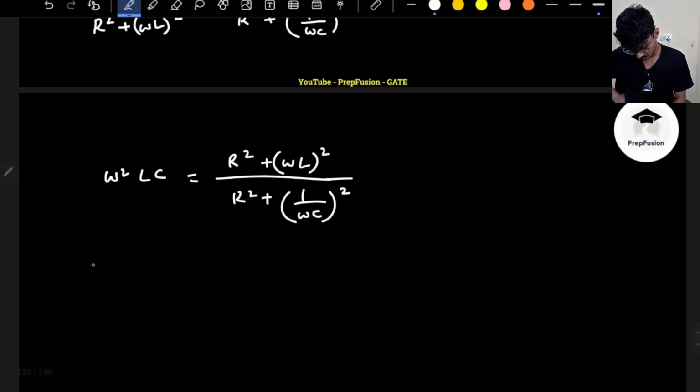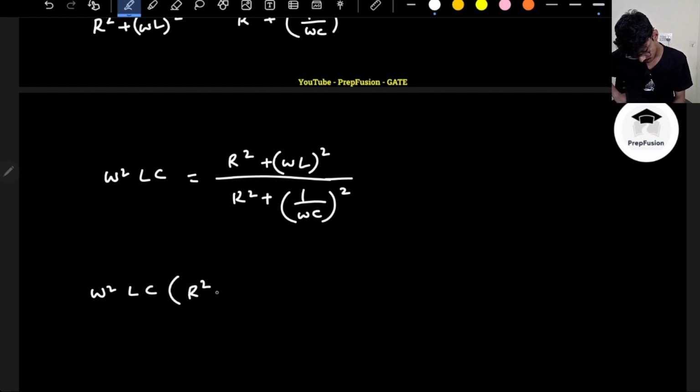So omega square equals, let me rearrange this. This will be omega square and LC into R square.